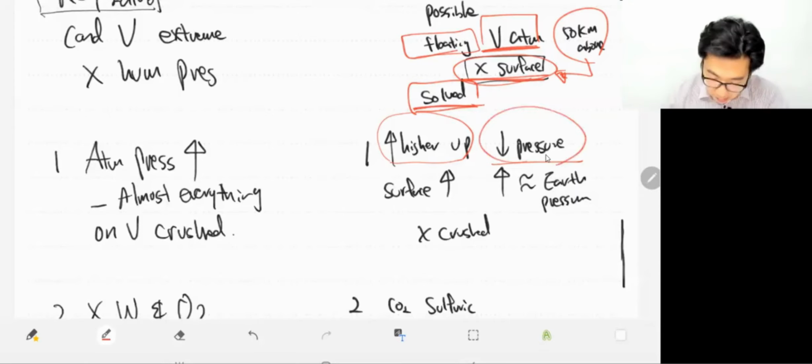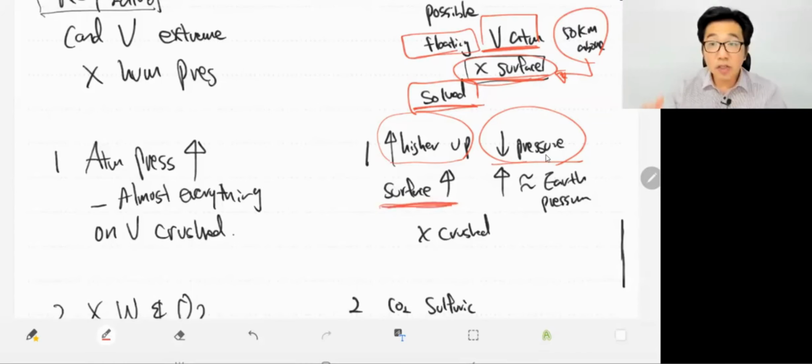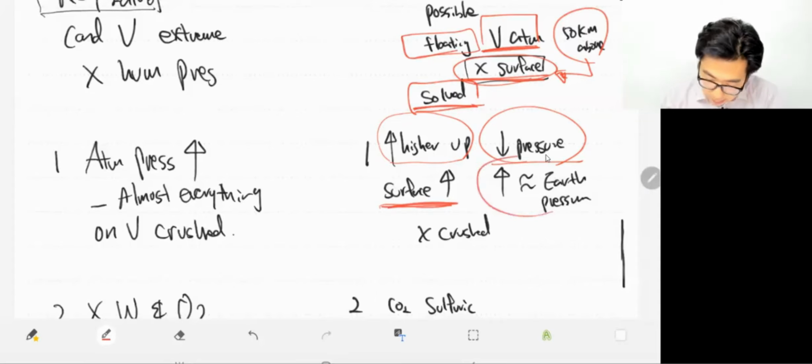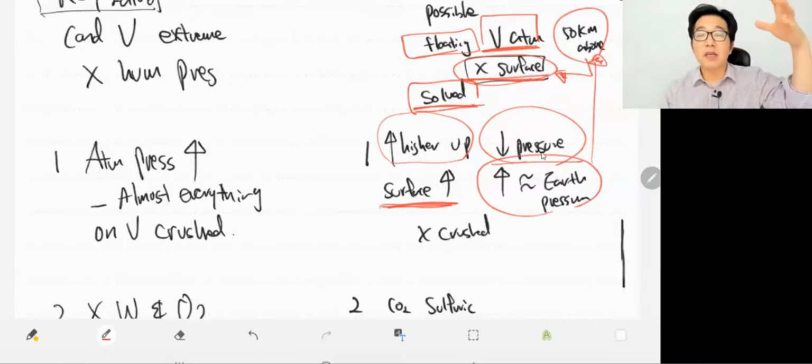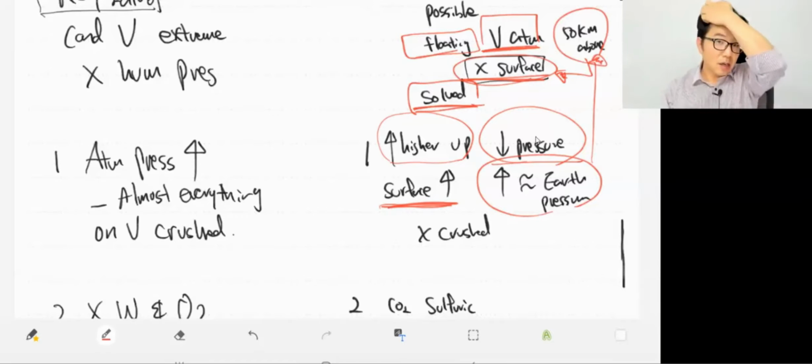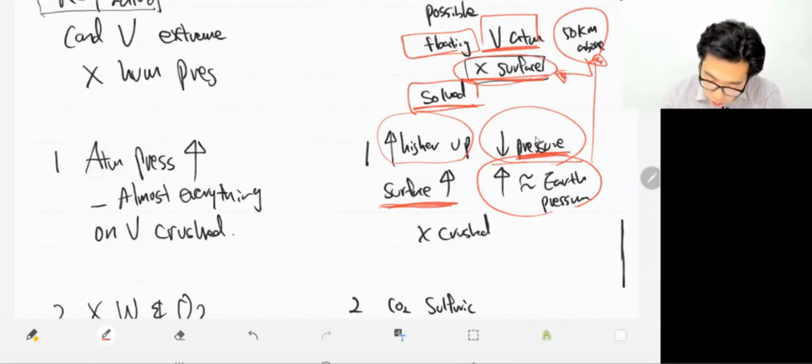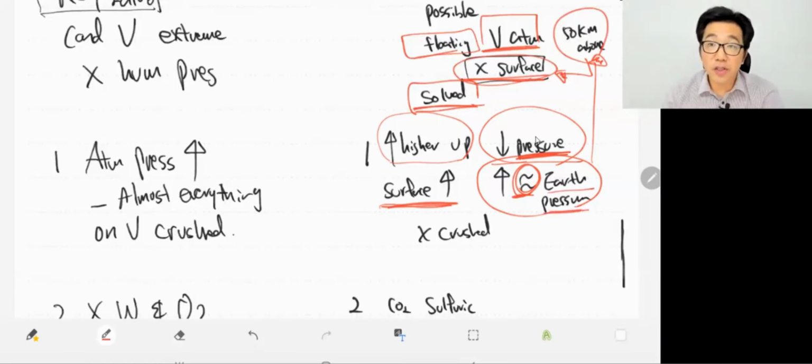At the surface level, the pressure will be too much, but at the level the lecturer proposed, about 50 kilometers above the surface, the pressure will be about the same as the Earth's surface pressure. What does it mean? It's livable.